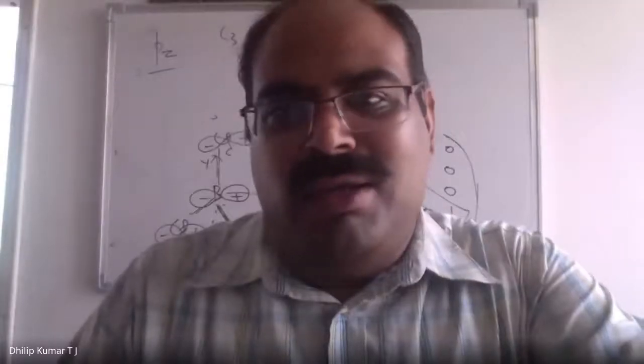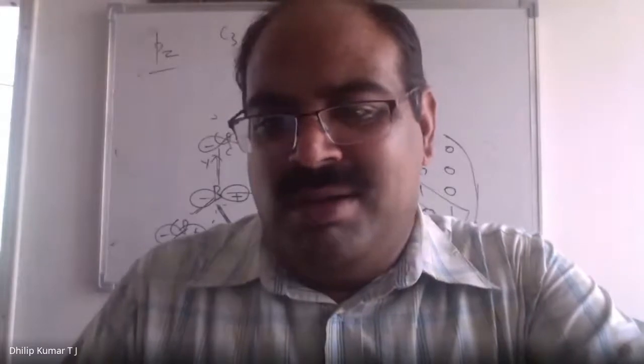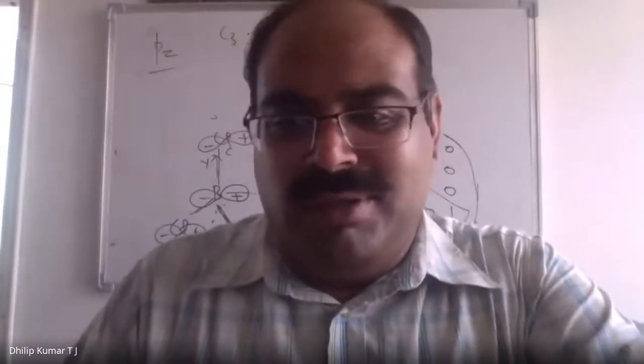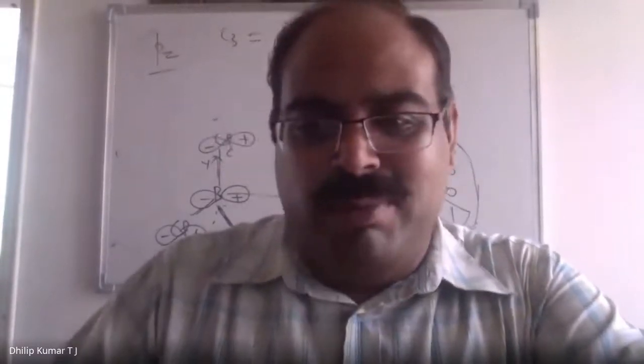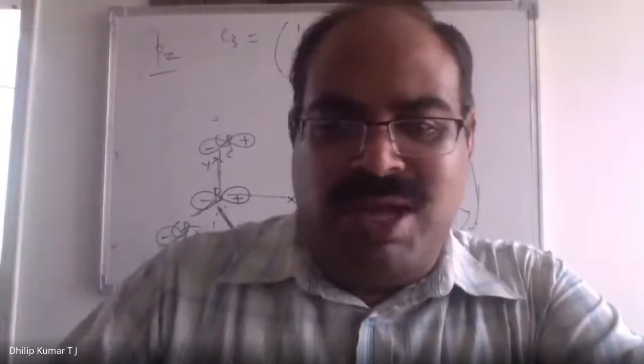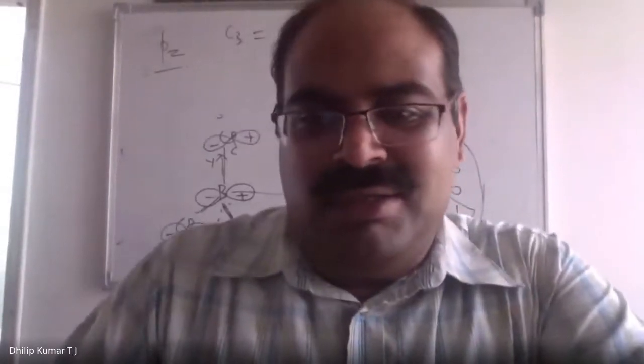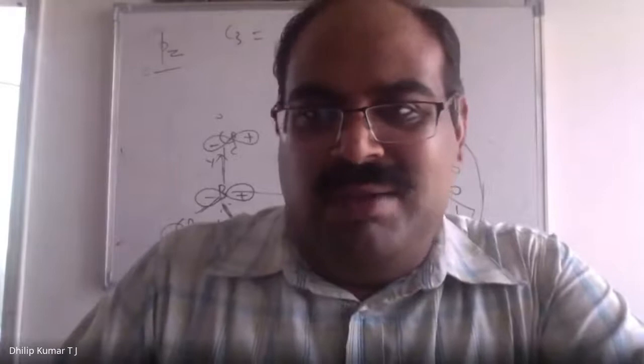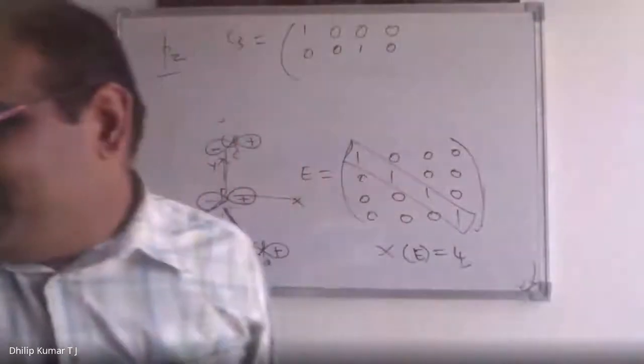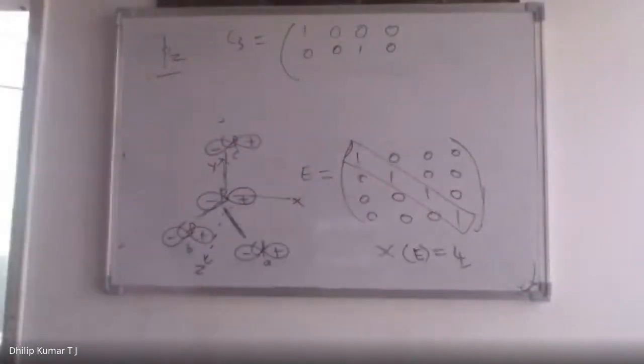No, I'm not getting what you're saying. Somehow I'm not understanding your question. I will go to the next topic, but meanwhile, please type it in the chat box. I'll address your question before I go on.